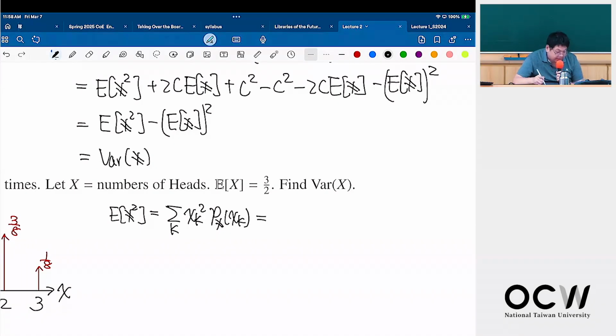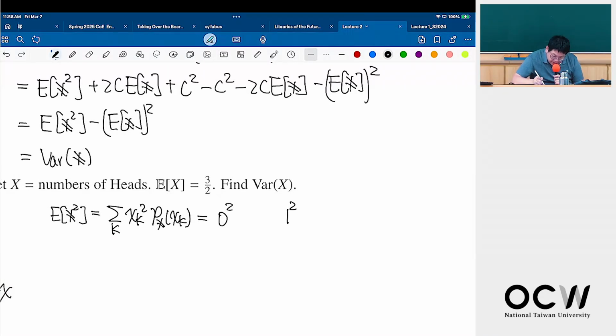All possible outcomes squared will be 0 squared, 1 squared, 2 squared, and 3 squared, with corresponding weightings 1/8, 3/8, 3/8, and 1/8.